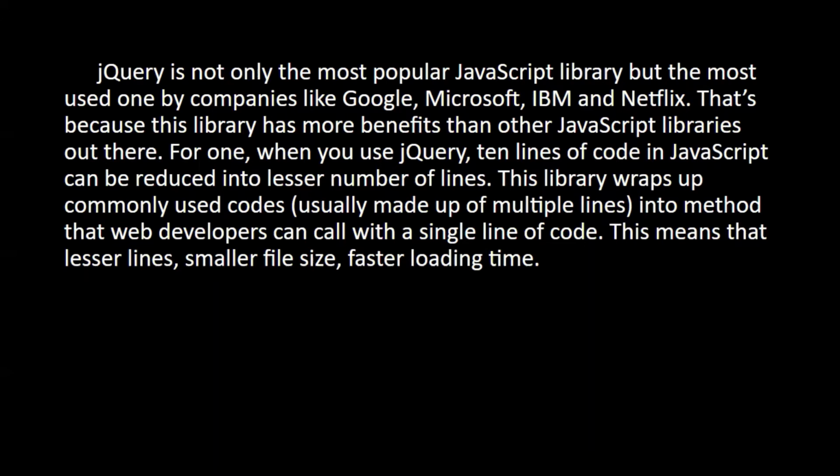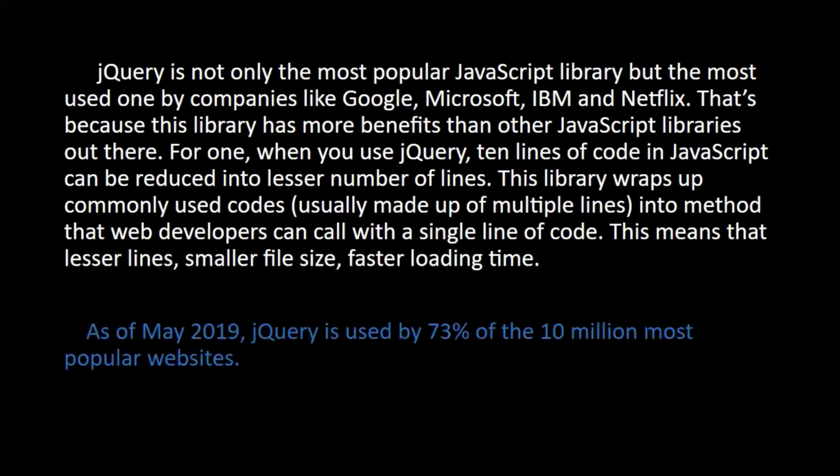So that is one of the great impacts of jQuery. As of May 2019, jQuery is used by 73% of the 10 million most popular websites. So imagine that. 73% of the 10 million most popular websites use jQuery.